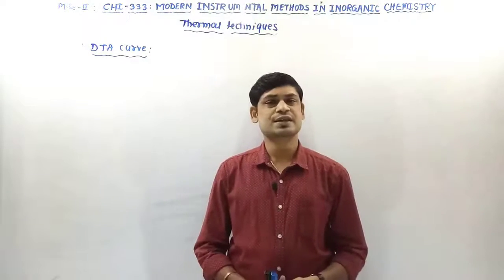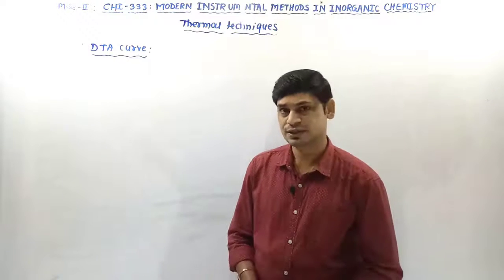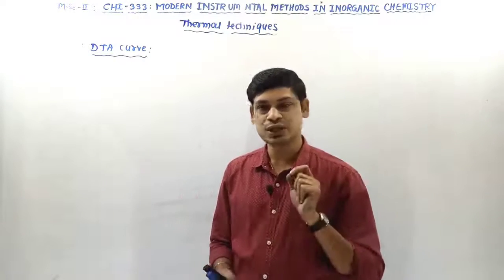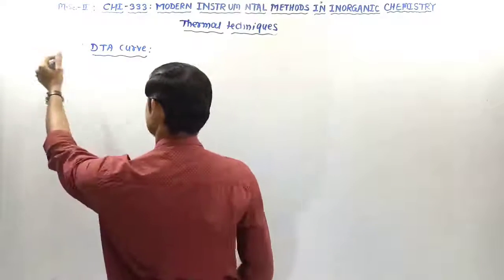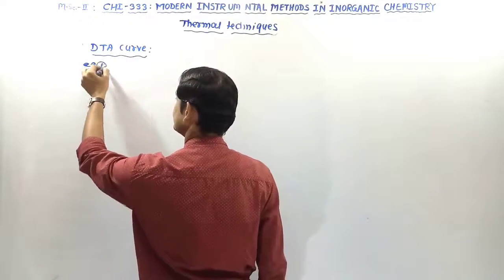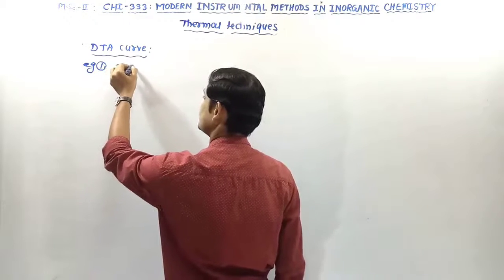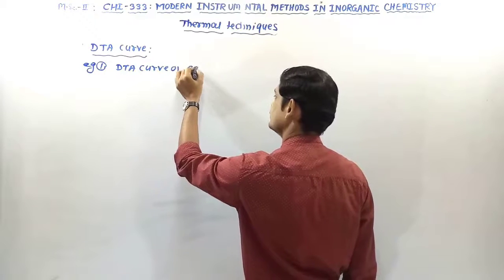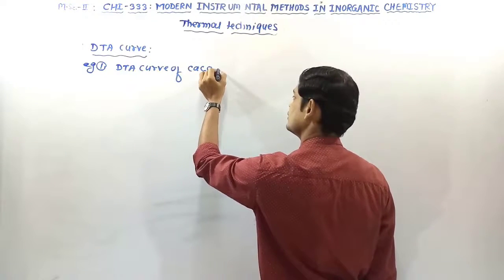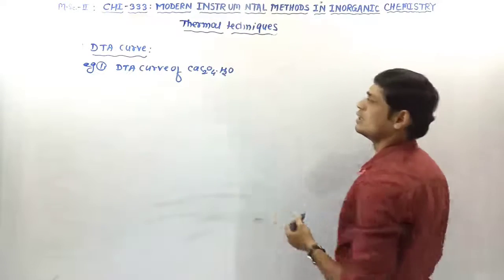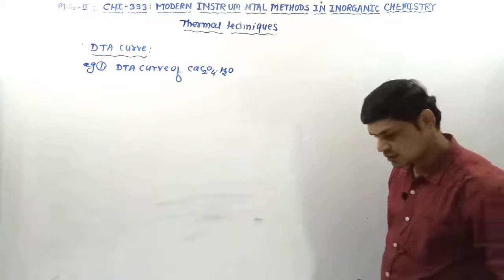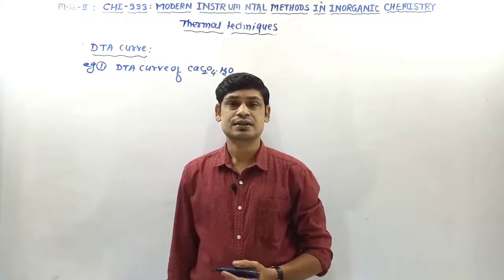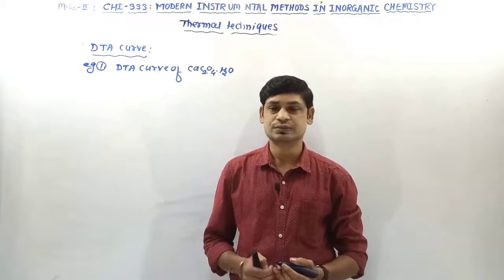Okay, we will discuss the example of calcium oxalate, CaC2O4·H2O. For example, first example, the DTA curve of calcium oxalate. First of all, we will write the reactions and then we'll draw the DTA curve.